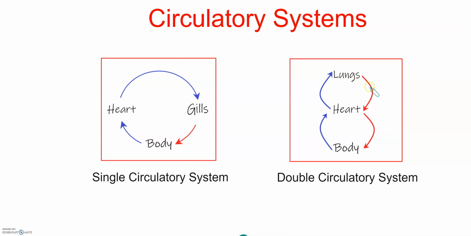It then will travel back to the heart, and then the heart will pump oxygenated blood to all the different organs all around the body. The blood will give up its oxygen at the body cells, and deoxygenated blood will return to the heart for it to be pumped out to the lungs once again.